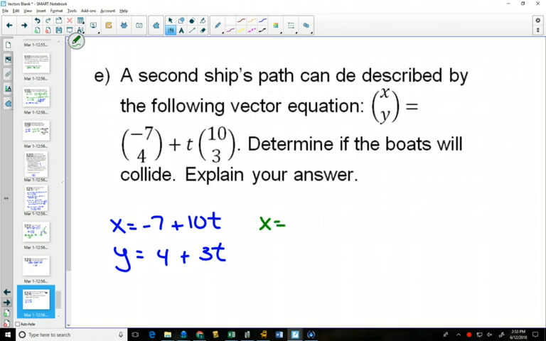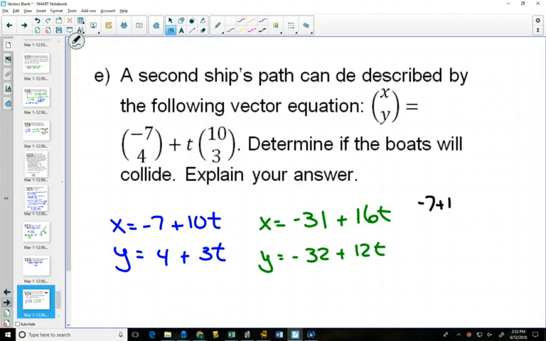And our original boat's parametric equations are -31 plus 16t and -32 plus 12t. Equating these two equations, -7 plus 10t equal to -31 plus 16t would give you 6t equal to 24, and 4 equals t.